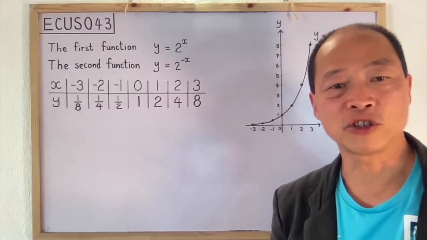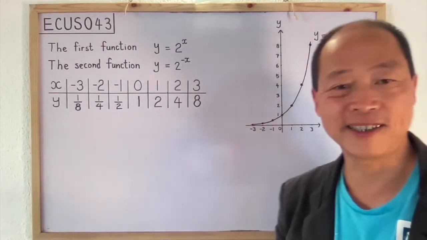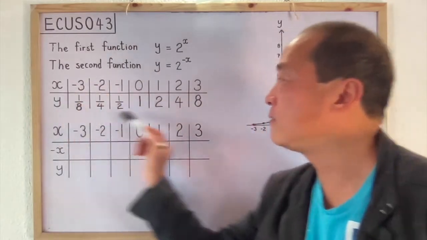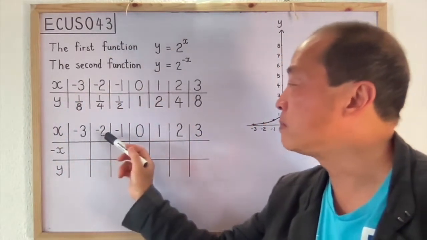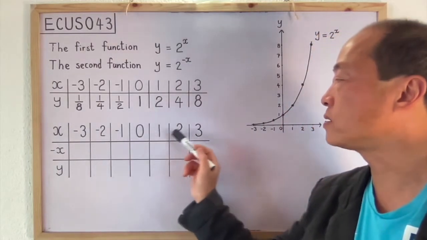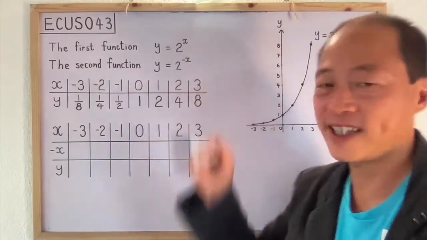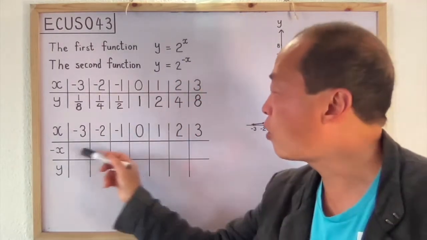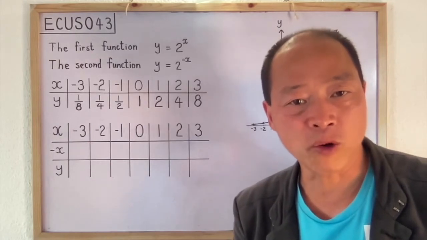The second function I'd like to discuss is y equals 2 to the power minus x. Like the previous table, the values of x are minus 3, minus 2, minus 1, 0, 1, 2, 3. As the second function involves minus x, there is a row for minus x. Let's work out all the values in the row.